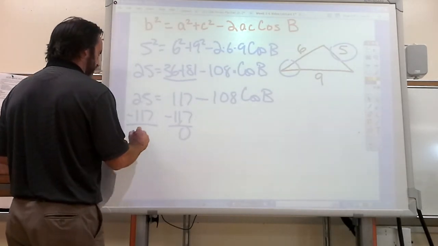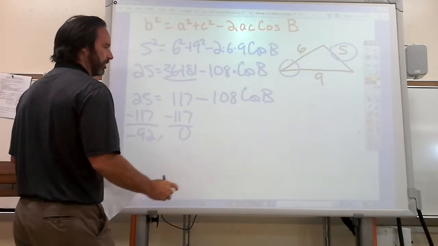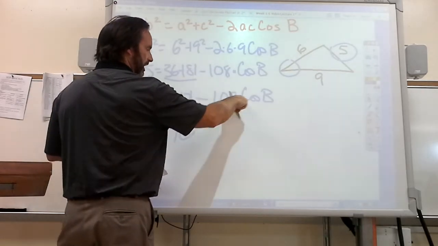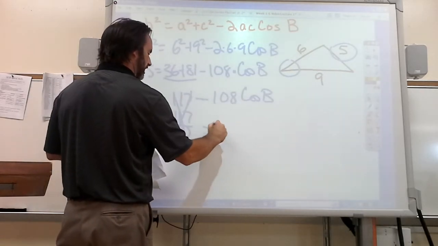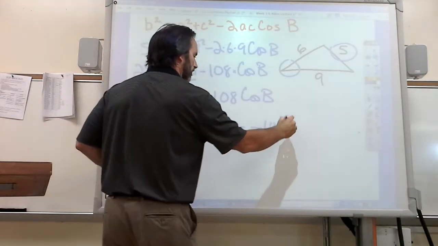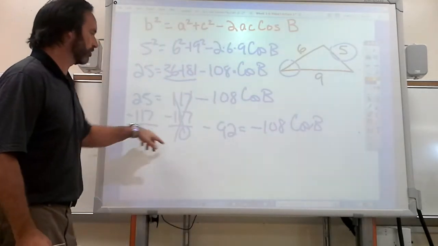That's 0. This is, what, negative 92. Negative 92. Okay? So negative 92 equals this product here. Negative 92 equals negative 108 cosine b. So the first step, subtract from both sides.